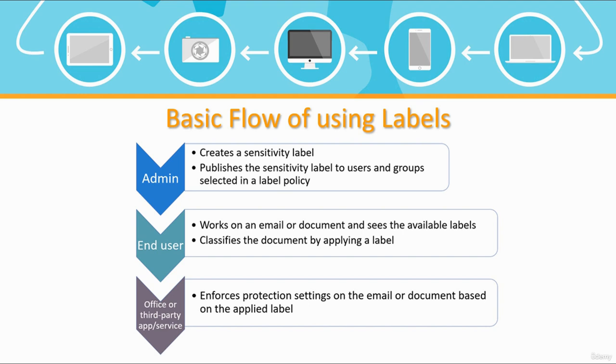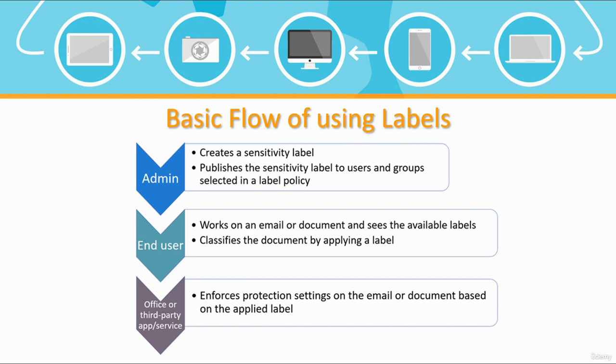Now, the end users themselves are going to be able to utilize these via email products like Outlook, whether it's Outlook on the web, the installed version of Outlook, or the mobile version of Outlook. And then you also have documents, where Word, Excel, all that fun stuff can have labels associated as well.